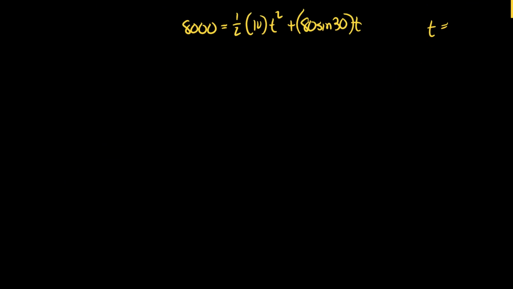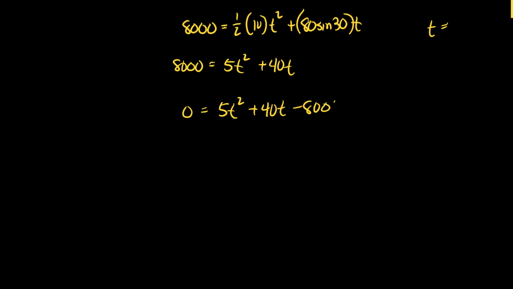There's nothing fun there. You just got to do it. You can plot it, or you can just do the quadratic formula. This is 8,000 equals 5 t squared plus 40 t. And then I'll move the 8,000 over, so 0 equals 5 t squared plus 40 t minus 8,000.